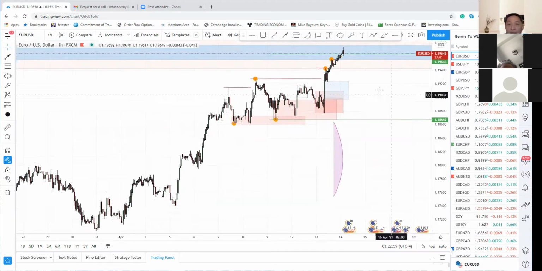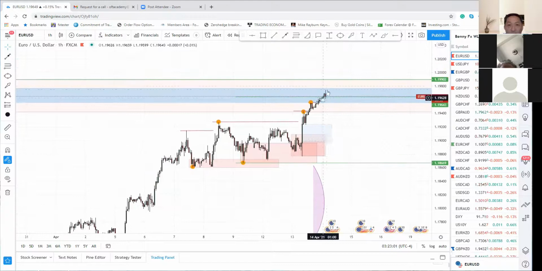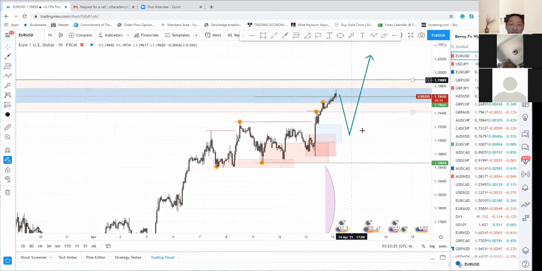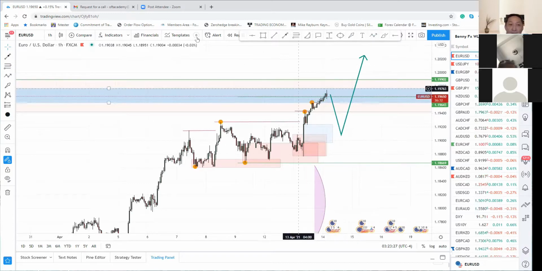So now what I think is the market has already achieved what it had to achieve, which is to fill these gaps here. Now, after it fills the gaps, we might see the price push up further to do some sort of hunting, or we might see the price move from here down to fill this gap here, ERC, before it moves higher. So we know that the trend is up, but in a very, very small time frame, we might be able to capitalize on this down move.